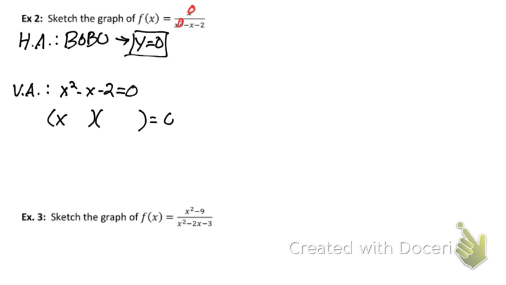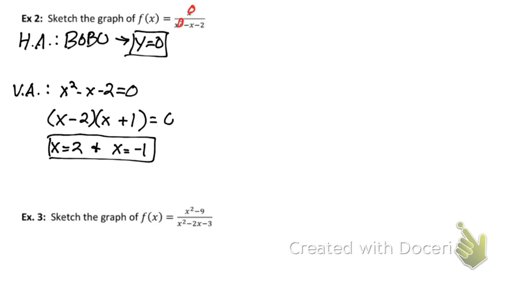We're going to have x minus 2, x plus 1, which gives us vertical asymptotes at x equals 2 and x equals negative 1. The only thing we're adding into this problem is now we have 2 vertical asymptotes, which gives us a new location for a graph. Let's go ahead and plot this.